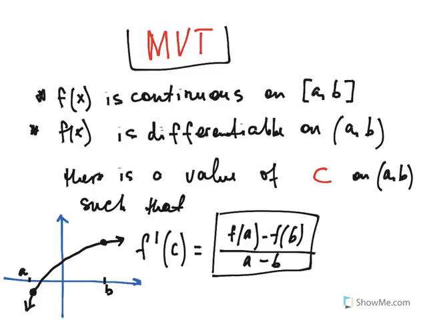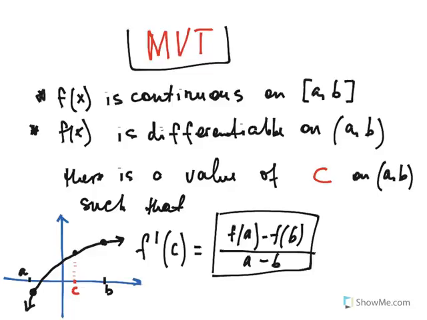Now, it's continuous, it is obviously differentiable on this interval, and then we say there is some value of c between a and b. It's not easy. Okay, so let's say it's somewhere here. That's your value of c.